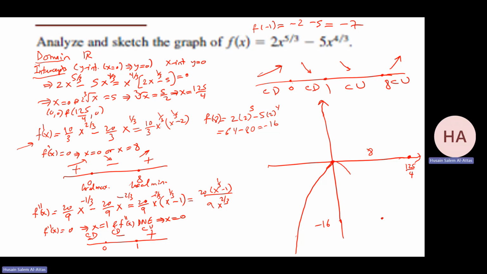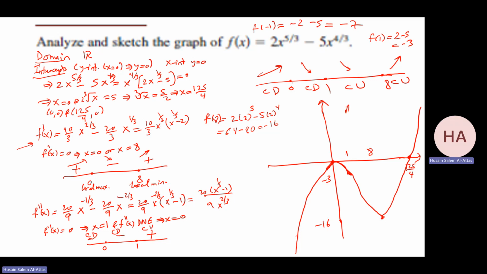That will do something like this. Until 1, f of 1 is 2 minus 5, which is minus 3. It will be concave down until 1. Then it will be concave up, still decreasing, and then it will concave up and pass like that.